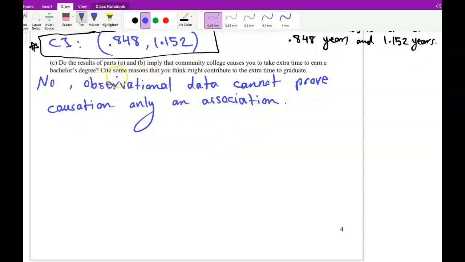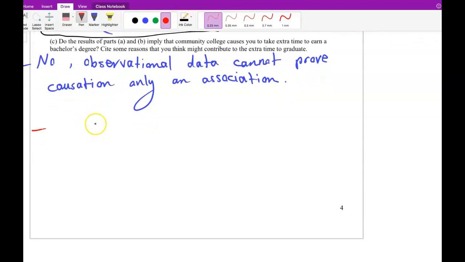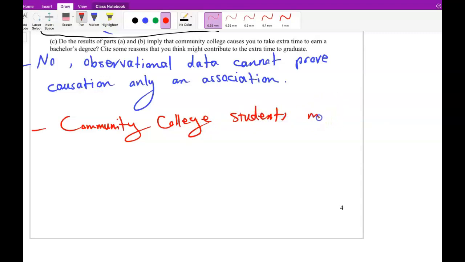Okay, and then cite some reasons that you think might contribute to the extra time to graduate. Okay, let's have one example here. So community college students may be, okay, working more.